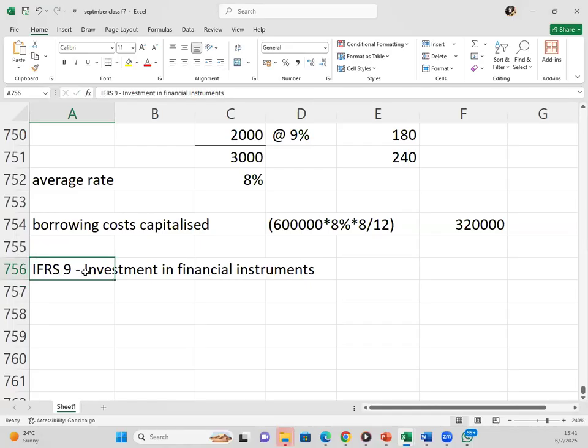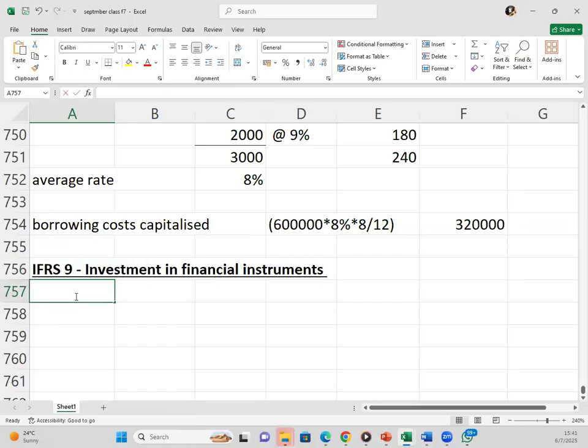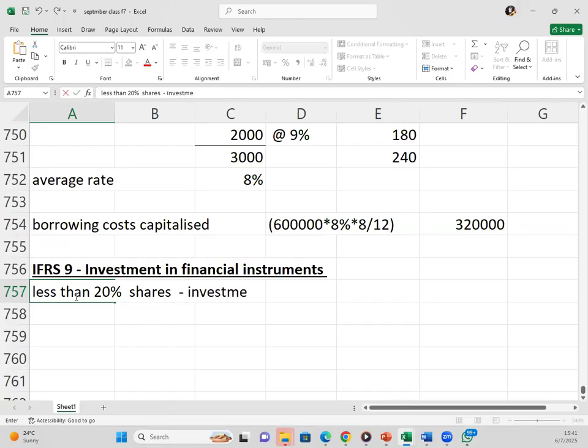So if you buy less than 20% shares of another company, you are said to have made an investment in a financial instrument.